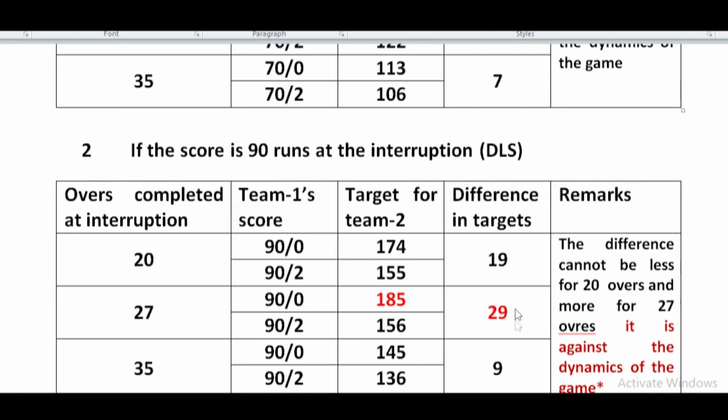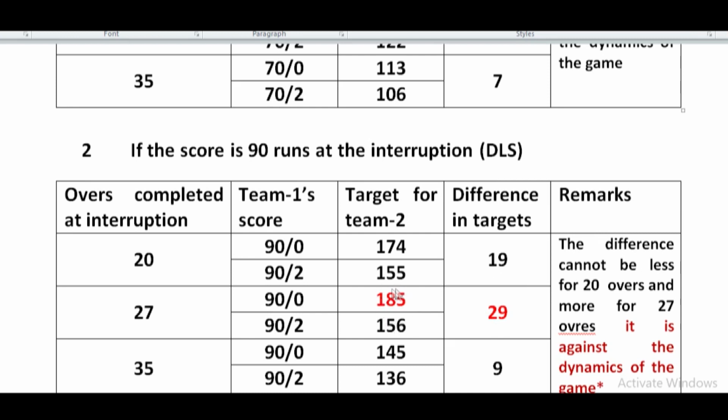So as per the principle which we have discussed, this value cannot be more than this value. This value cannot be more than 19. But it is not just high, it is 10 runs high. That means a big difference is there. So this is a big blunder. This happens only because of this value. So this target is totally wrong.